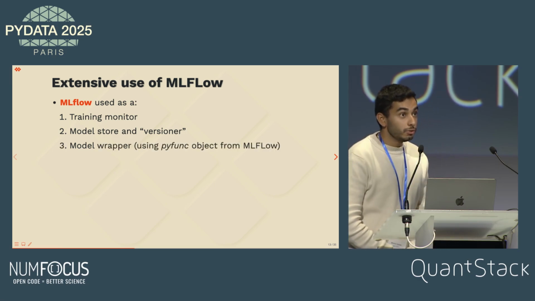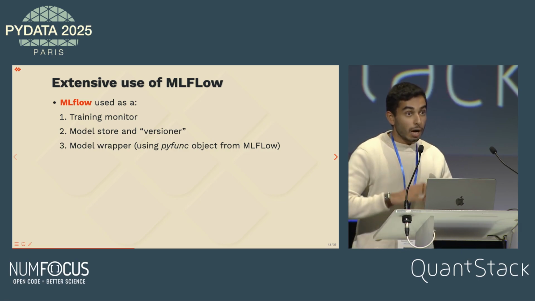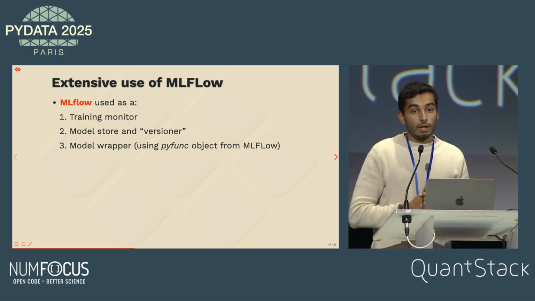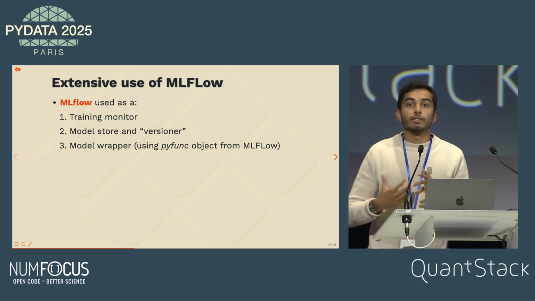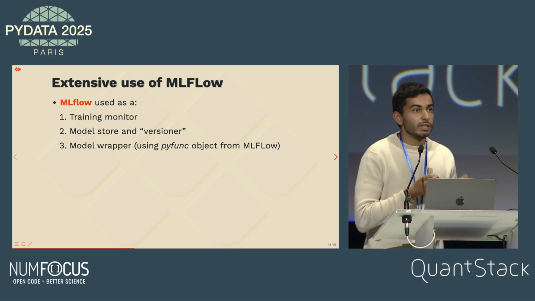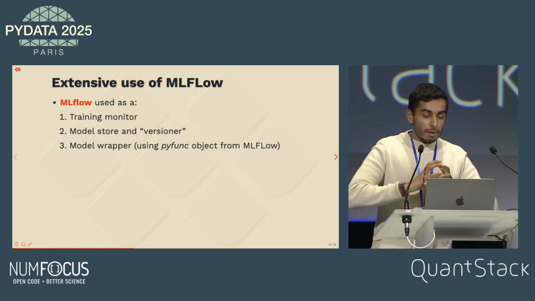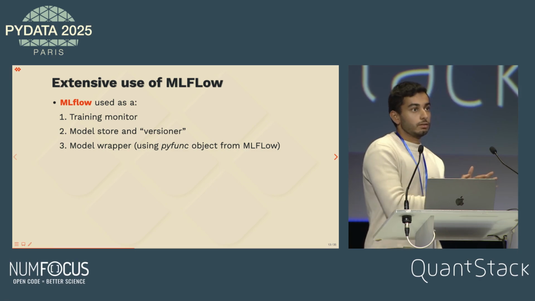And we also use the PyFunc object from MLflow to wrap the model. So you have your PyTorch model, that does a lot of things, prediction and so on, and it outputs a tensor, which is a float, basically. It's not really readable by a human. And what we do is that we use the MLflow wrapper to just serve everything from raw text.